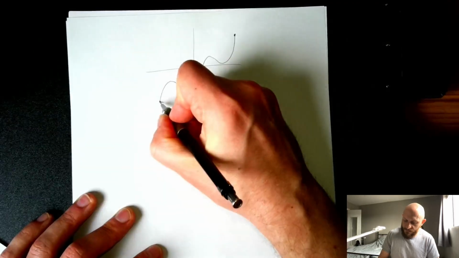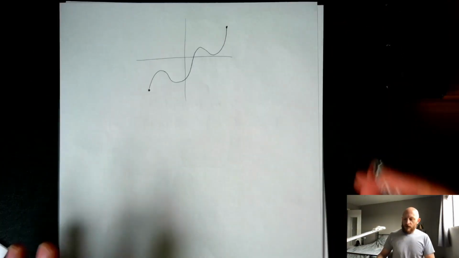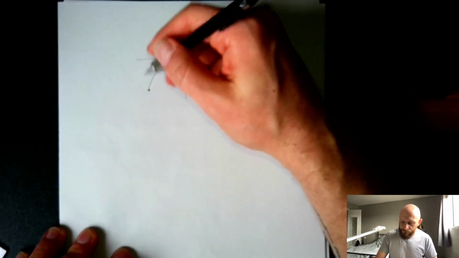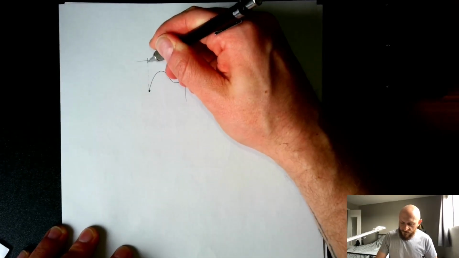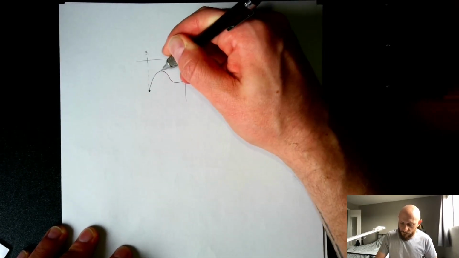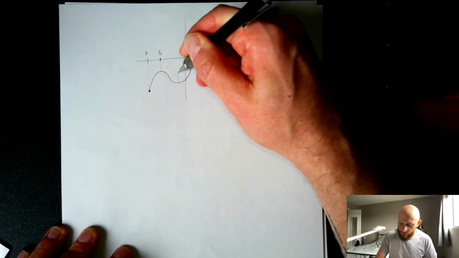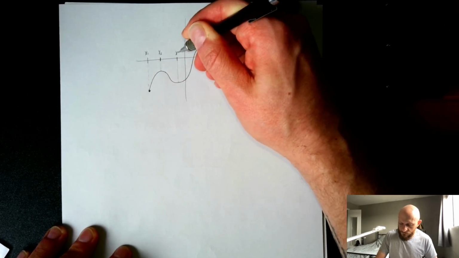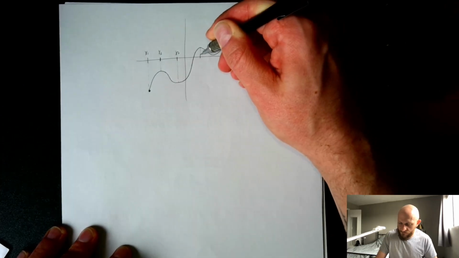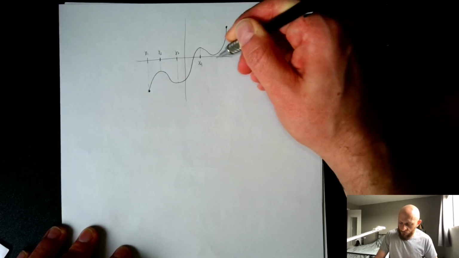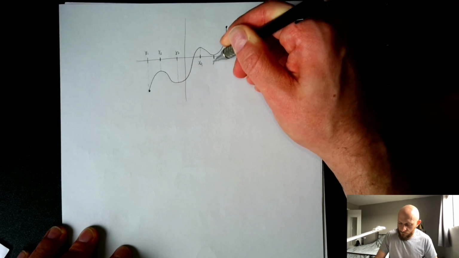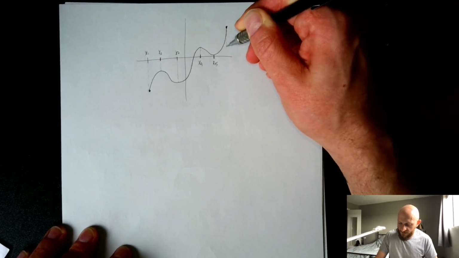So it just completely stops. And let's put some x values. We'll say this is x1, x2, x3, x4, x5, and x6.